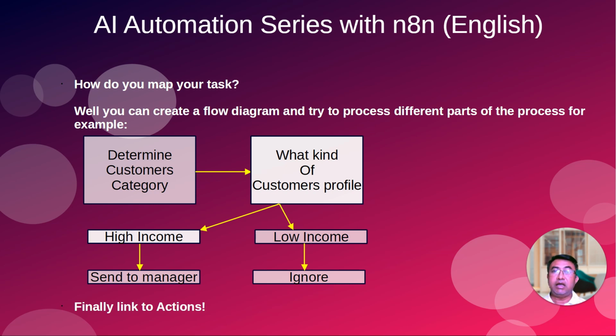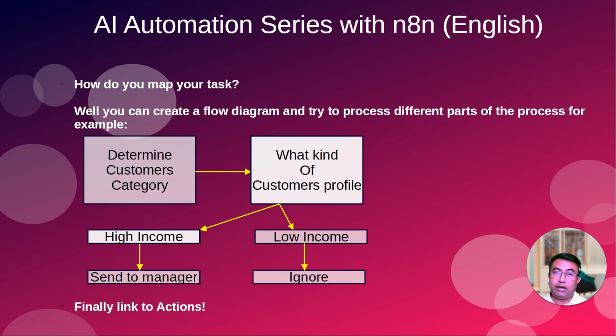If they target the high income category, then this automation should send the list of high profile customers to the approving manager for further action.